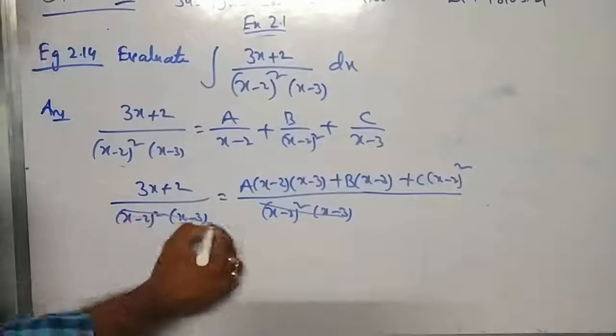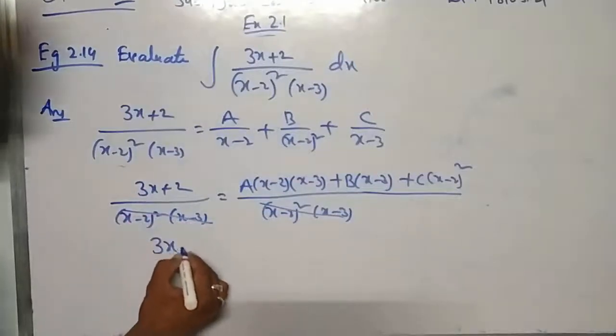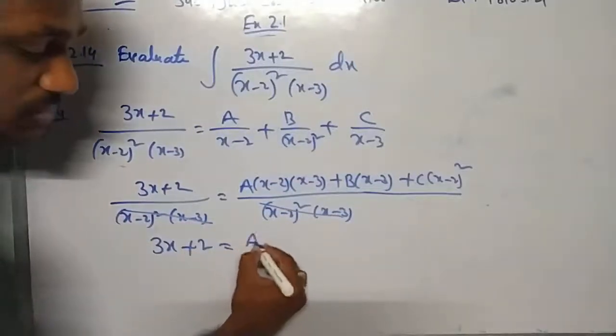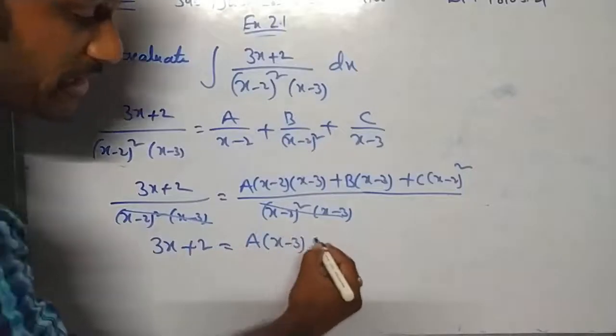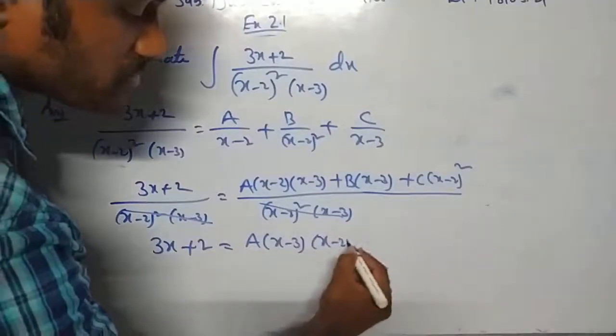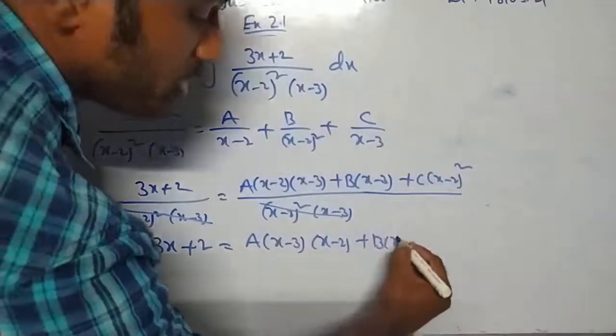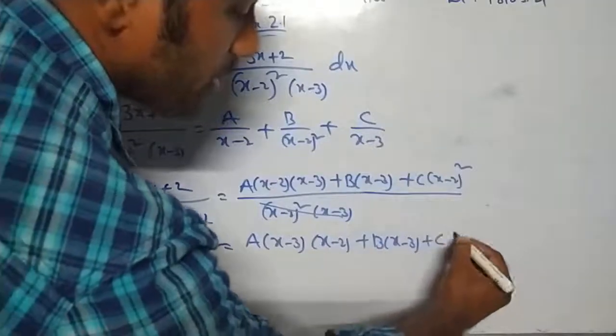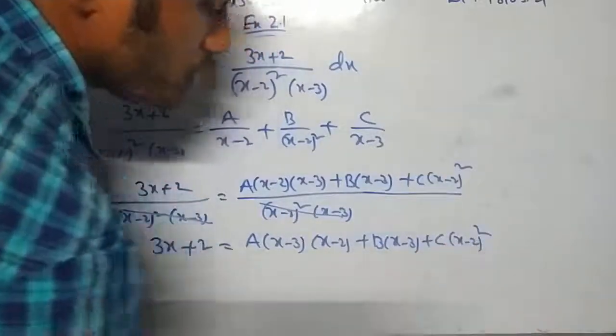These two get cancelled. So the left terms are 3x plus 2 is equals to a into (x minus 3) into (x minus 2) plus b into (x minus 3) plus c into (x minus 2) whole square.